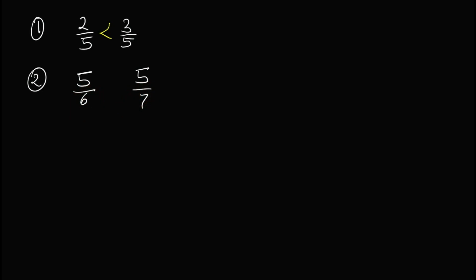As the numerator of a fraction increases, the value of the entire fraction increases. So these two are directly related. As the value of the denominator increases, the value of the fraction decreases. These two are inversely related.